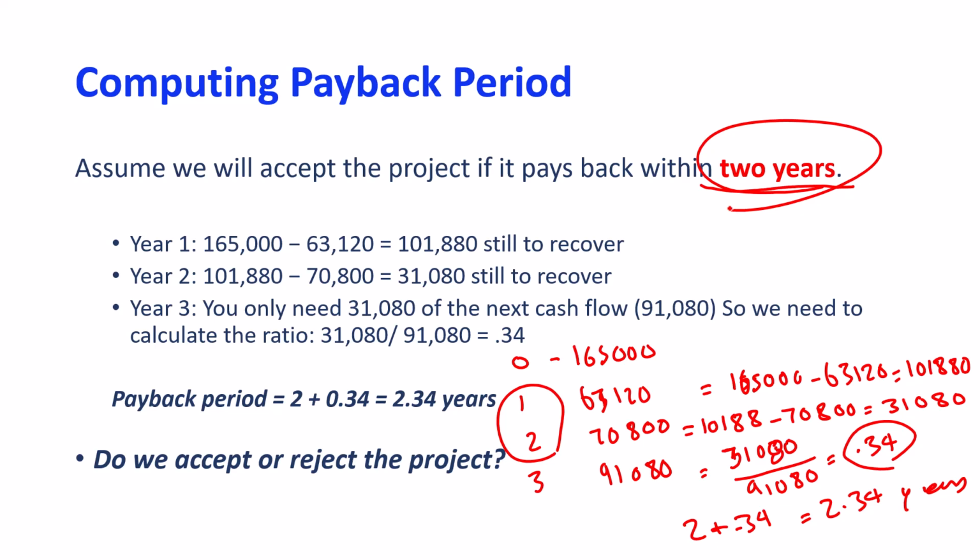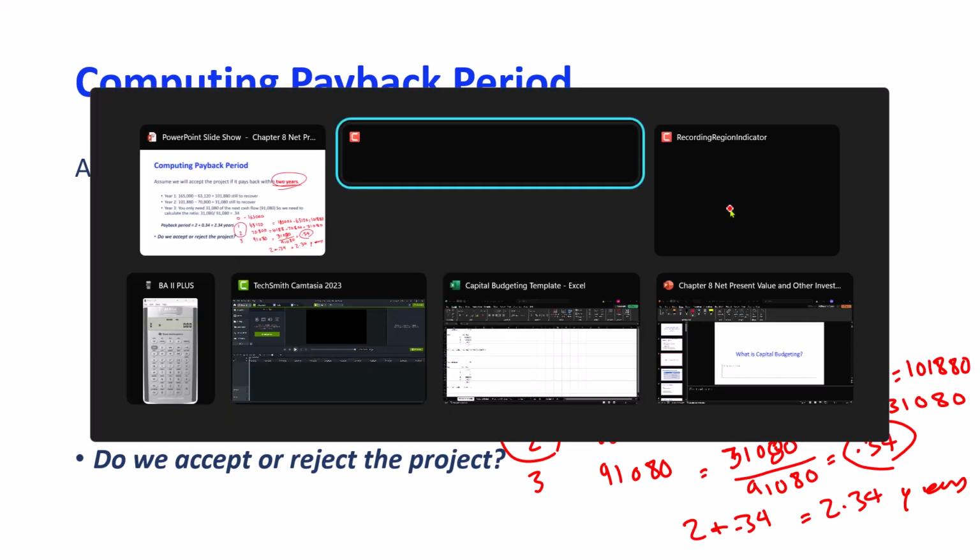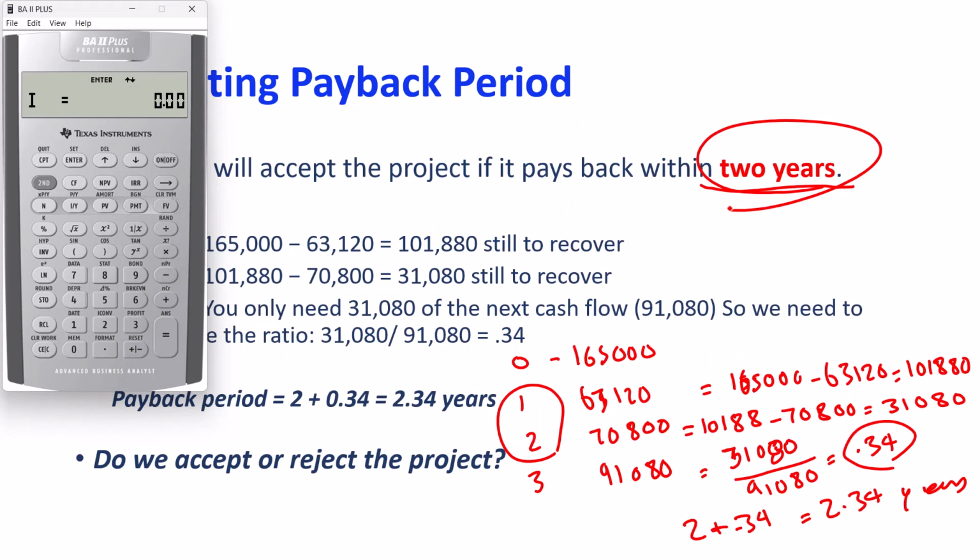Let's see how we do this in the financial calculator. You can basically do this math in the financial calculator. You do 165,000 minus 63,120 minus the second year cash flow 70,800.